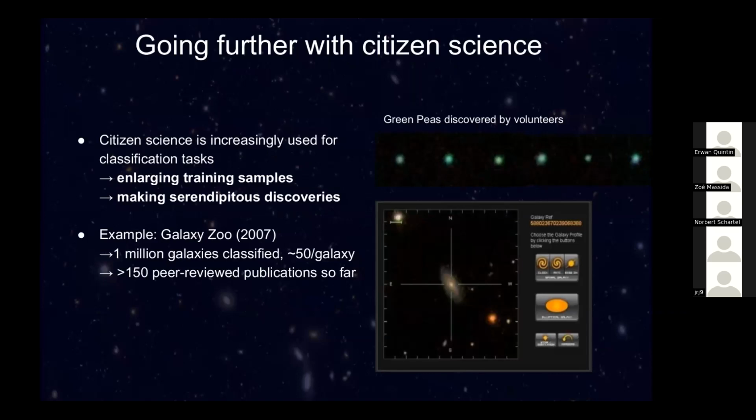So you may know this experiment called Galaxy Zoo, which was released in 2007 and had a tremendous success. It was designed for recognizing galaxy morphologies using SDSS images. And very quickly, it had 1 million galaxies classified by thousands of users.